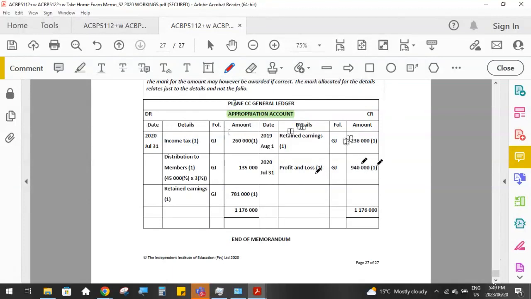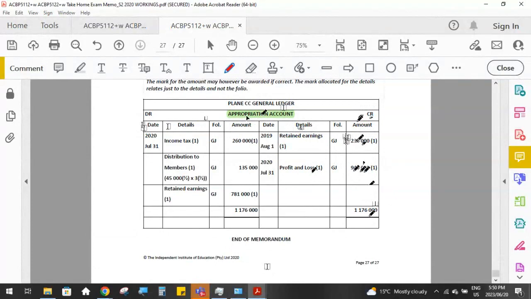So that on the right-hand side, which is the income side, where we hold the profit, we've got a total of 1176, which is all the profits up to the beginning of this year, plus this year's profits. Okay, this is the difference between a partnership's appropriation account and a CC's appropriation account.